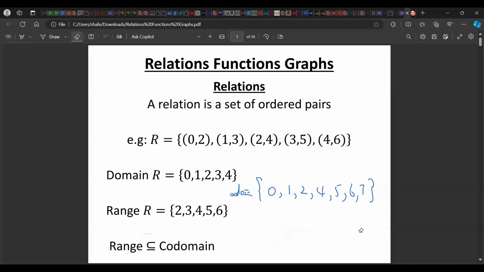Let me ask you a question. Let me see if you're thinking now. For your range to be equal to the codomain, for you to get all, we already got these. How could we have gotten 0 and 7? What should be in the domain if we want 0 and 7?